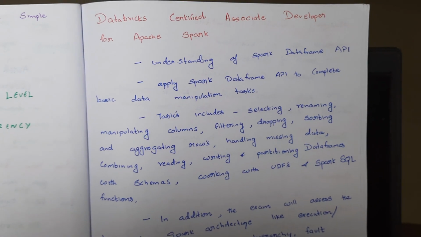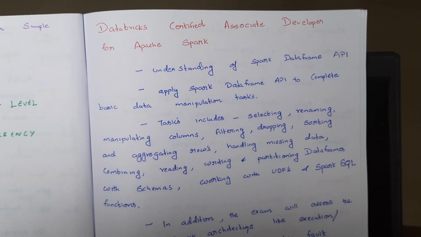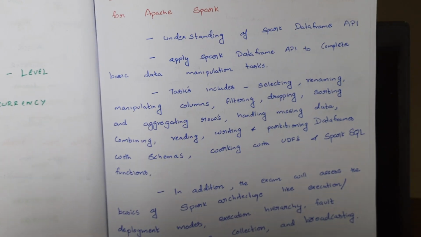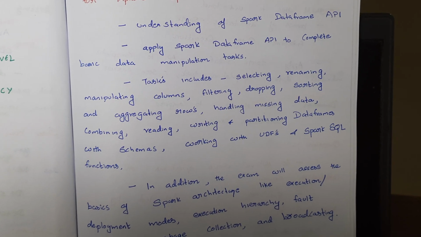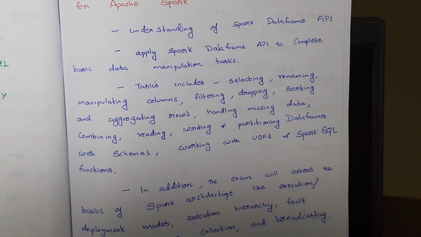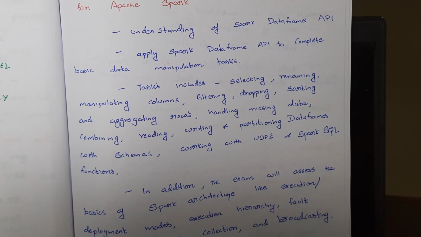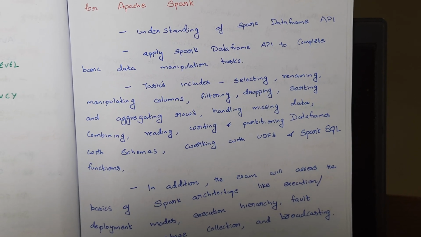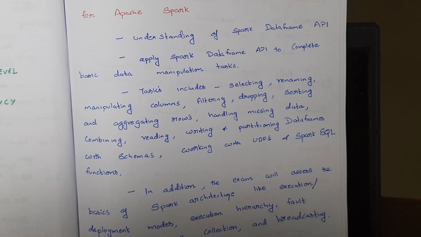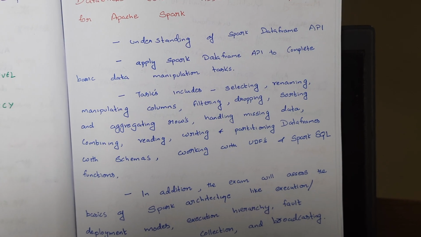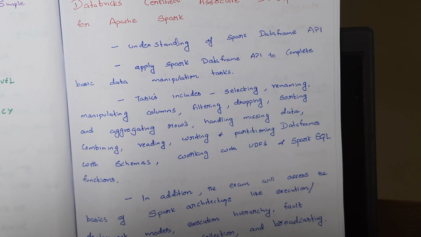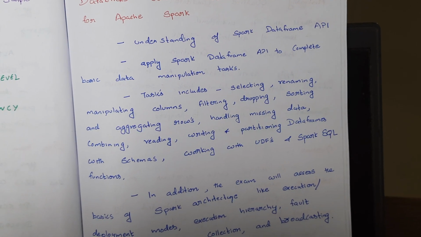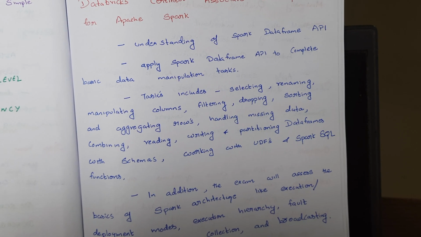First, you should have a basic understanding of the Spark DataFrame API and apply it to complete basic data manipulation tasks. The tasks include selecting, renaming, manipulating columns, filtering, dropping, sorting and aggregating rows. That means how to create a DataFrame, how to select data from a DataFrame, how to rename a column, manipulating columns like applying transformations, filtering, dropping columns, sorting and aggregating based on max or some kind of aggregation, and handling missing data.